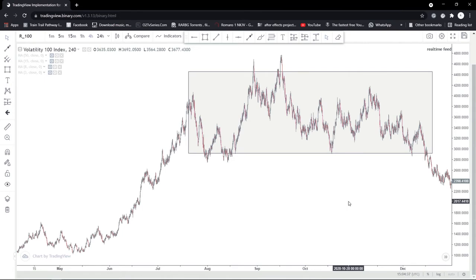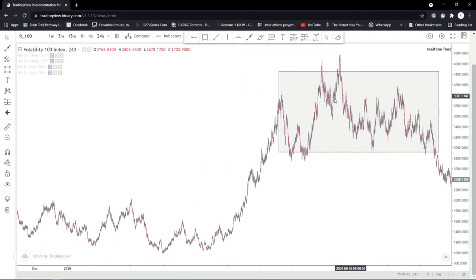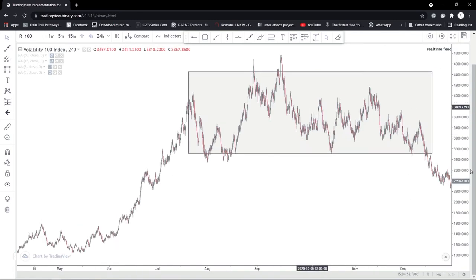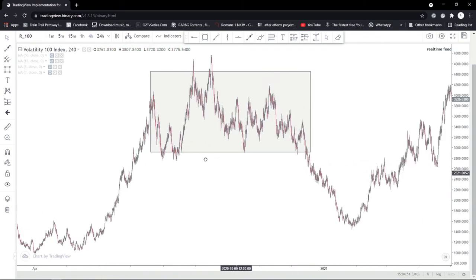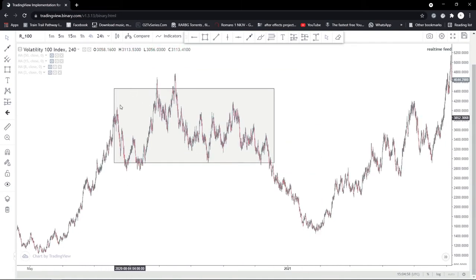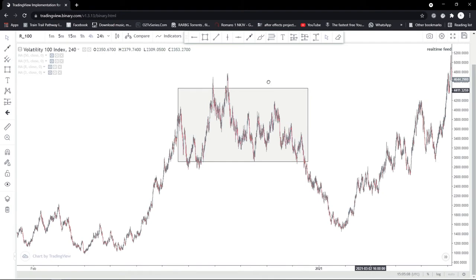You see here, this is a reset, a peak, and then another reset, then the market went upside. So now it's created a new peak here. The importance of this is that it tells you where the market is going to go.